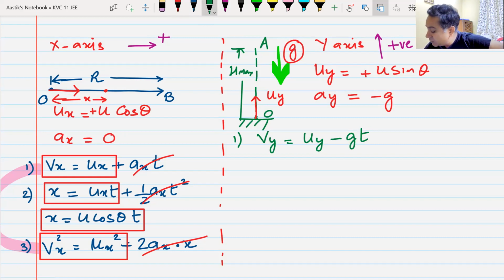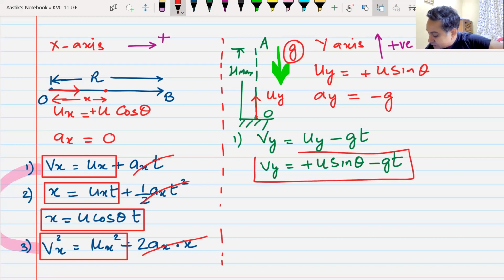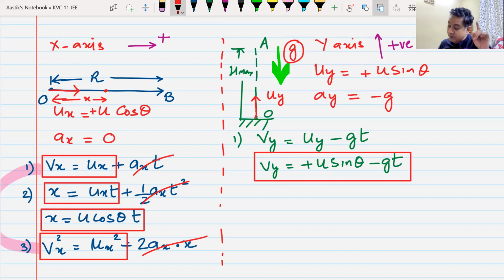I can put the value of uy, so it will become plus u sin theta minus g into t. That will be your final velocity at any point along y direction. Do we understand this? Yes or no?